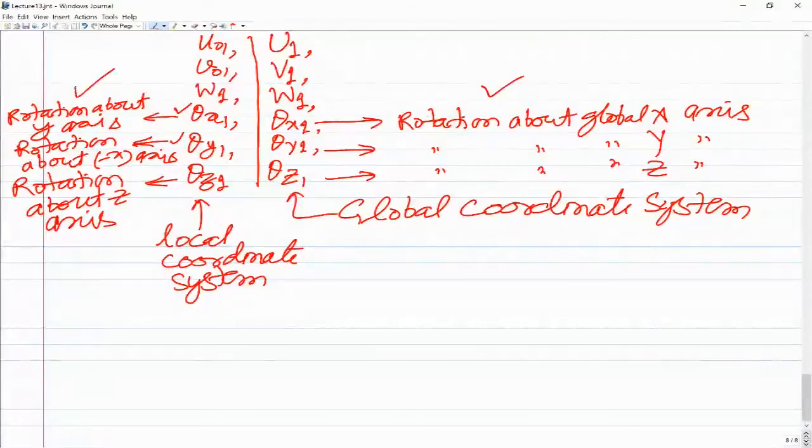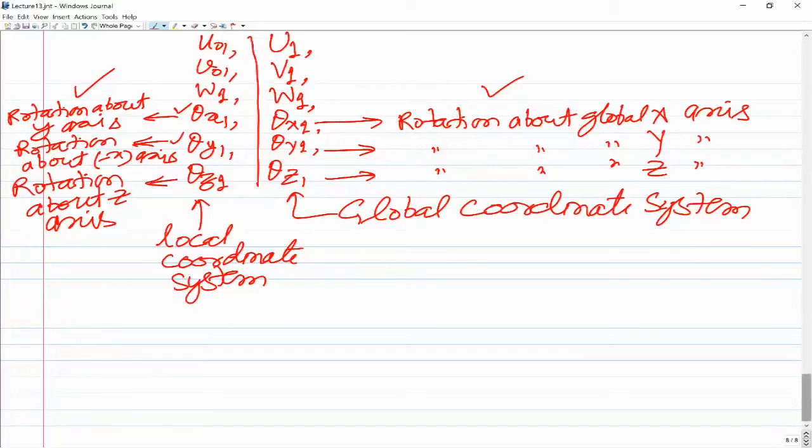Okay, are there any doubts in this? Sir, now, yes, please. Previously we considered positive axis, but here you said negative.